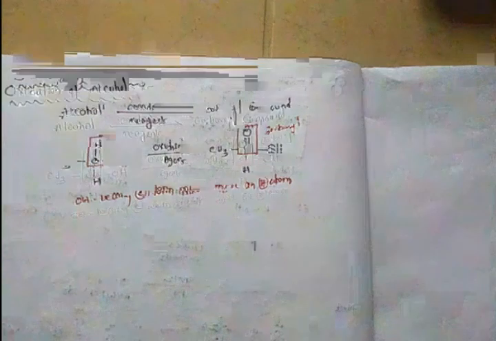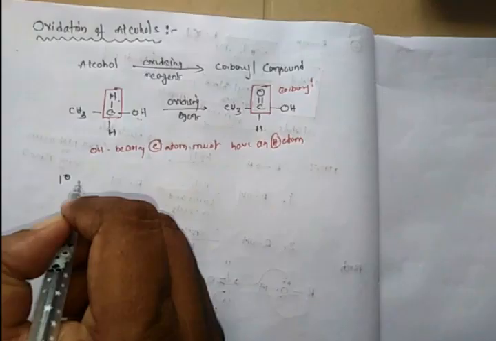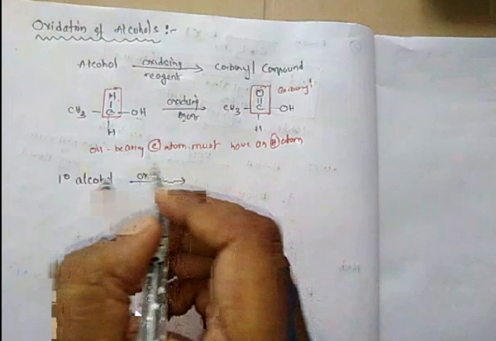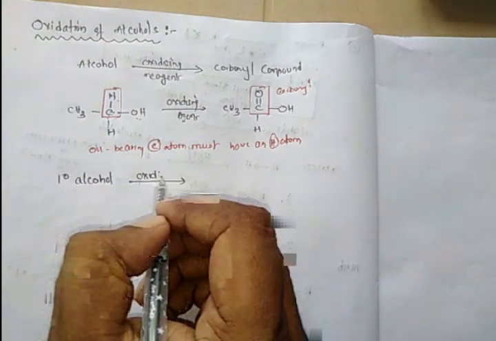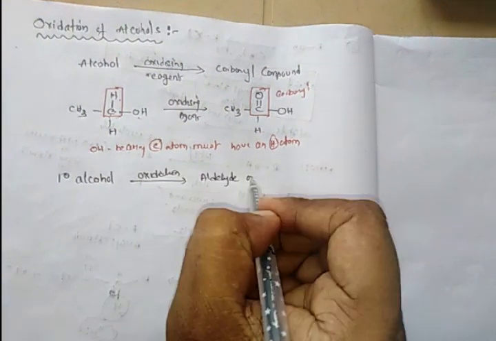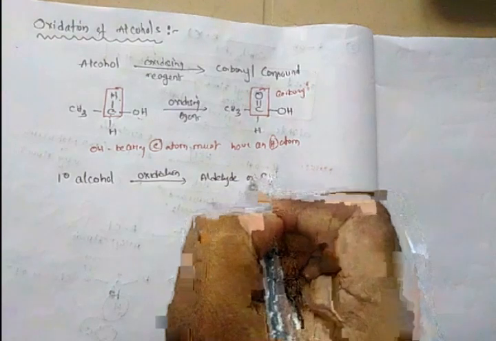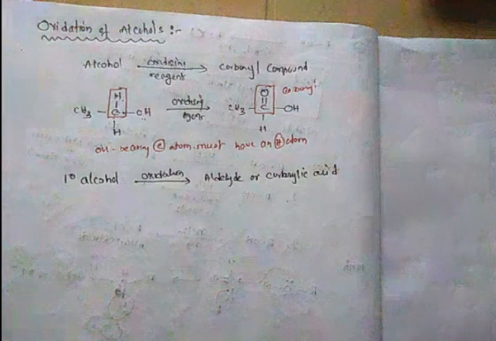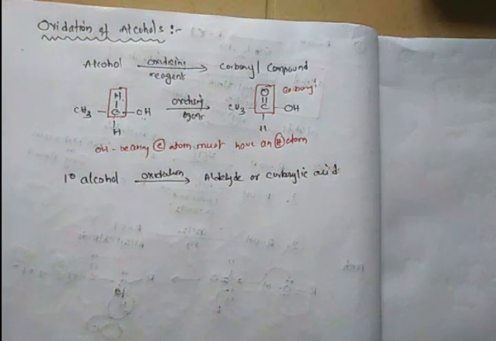So whenever you treat a primary alcohol with an oxidizing reagent, when a primary alcohol undergoes oxidation, it gives an aldehyde or carboxylic acid.